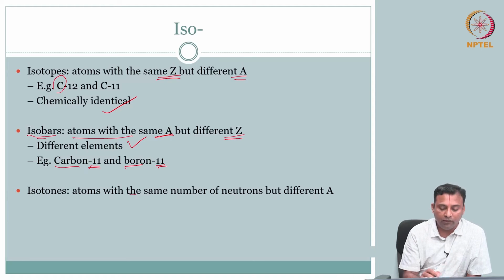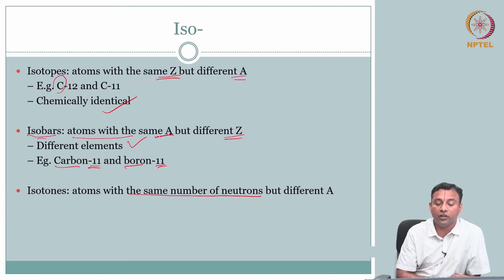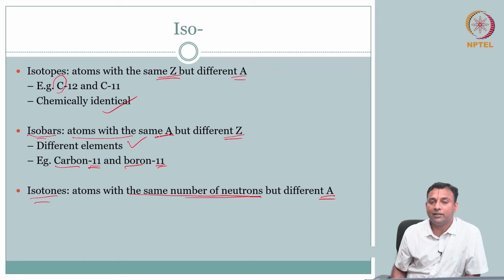Oh, isotones have the same number of neutrons, but different A, right, mass number. So within the nucleus, you have neutrons and protons. Here is a case where isotones are atoms with the same number of neutrons, but a different mass number.